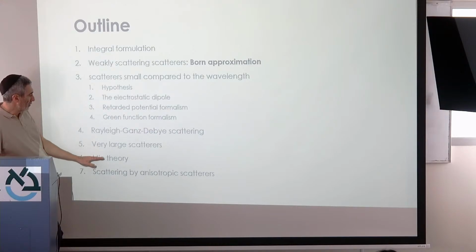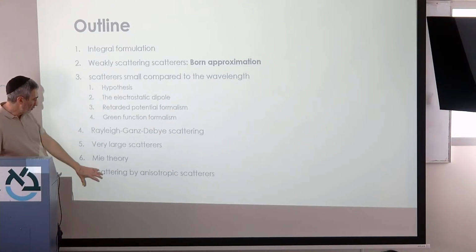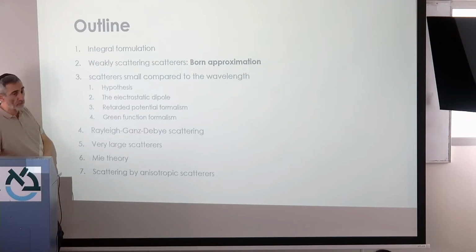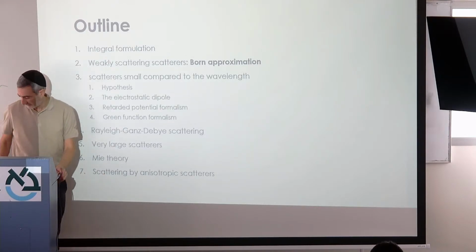I will not go too much into details here, but just to cover all the cases that we know how to handle those problems. And I will show you a much more complicated case, which is the case of anisotropic scatterers. That means that they don't scatter the same way in different directions. So this will be mostly just examples and simulations that we have done on this topic.